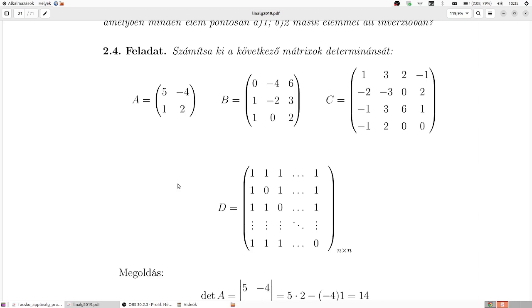And then I add the first row, 5 times the first row, to the second.